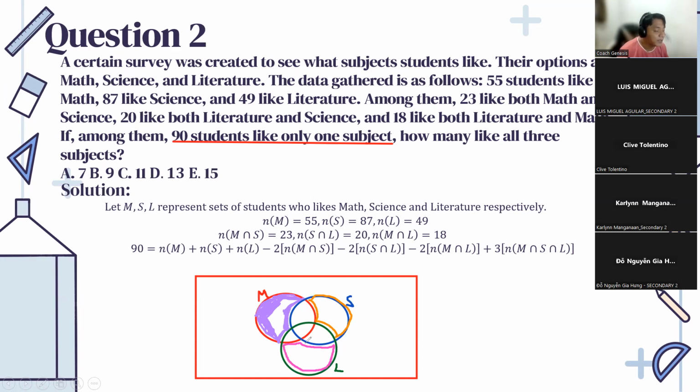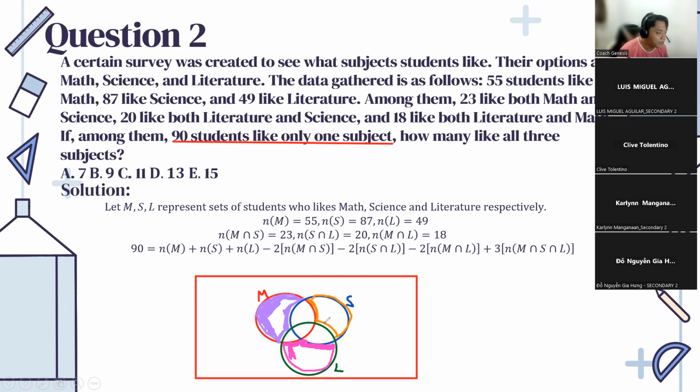Okay. So a total of these areas right here, I'll just have to shade on the border. Okay. So that is equal to 90.